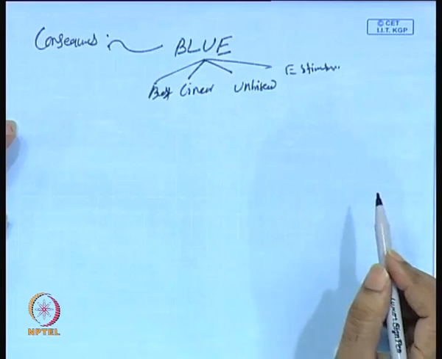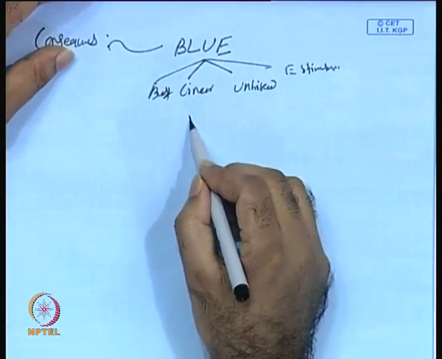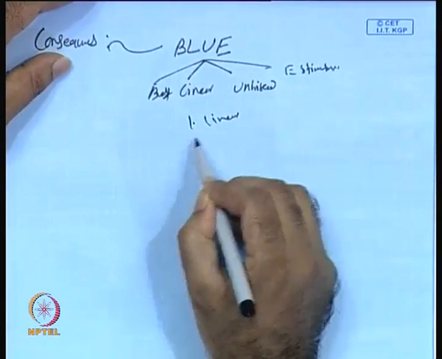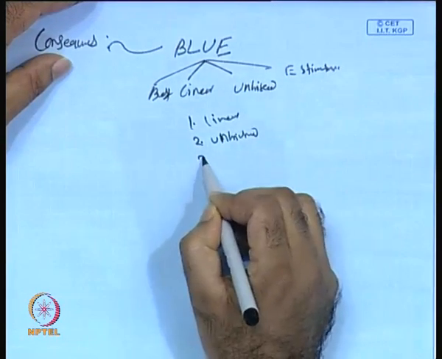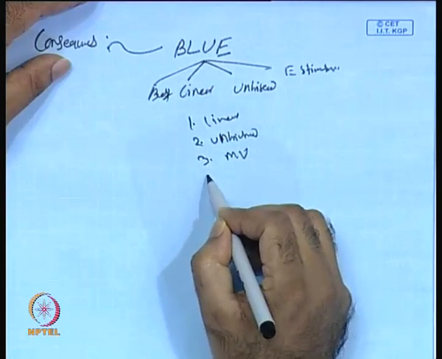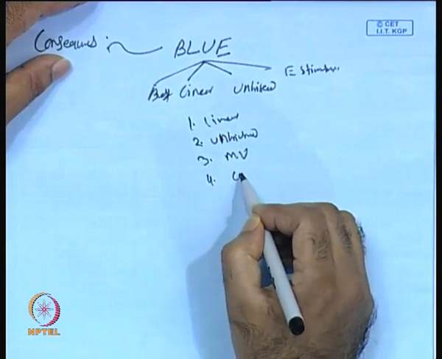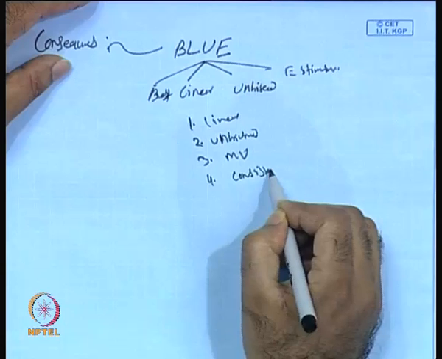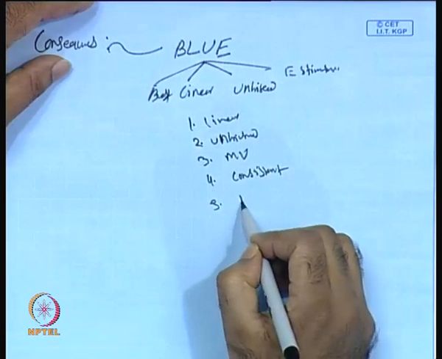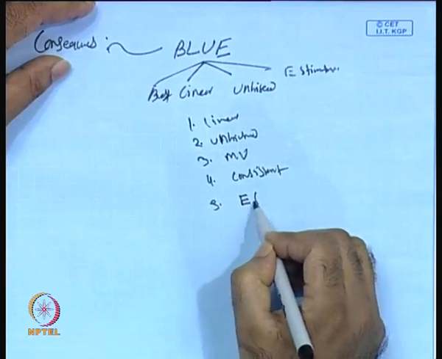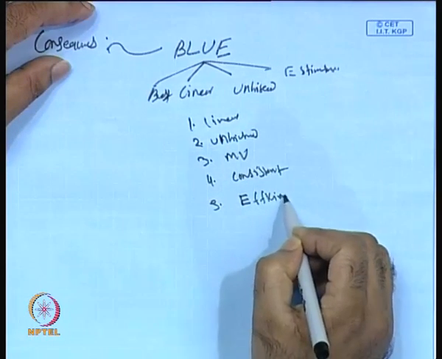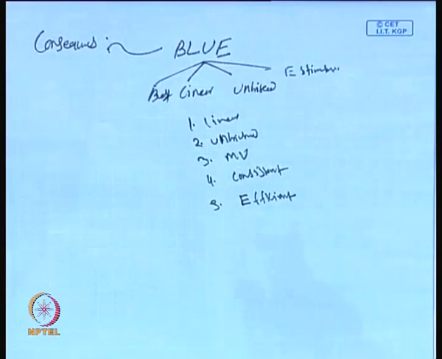That means it should be linear, unbiased, minimum variance, then consistent, and finally, not least, efficient. The parameters should be very efficient.